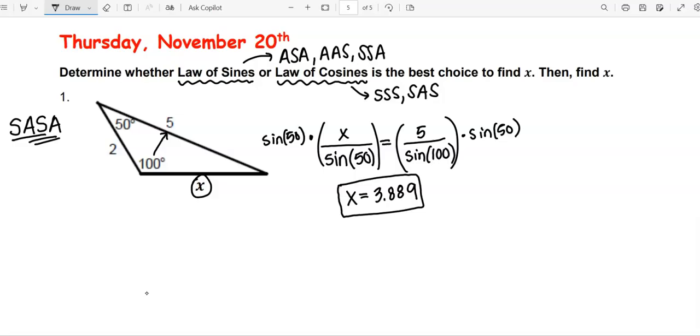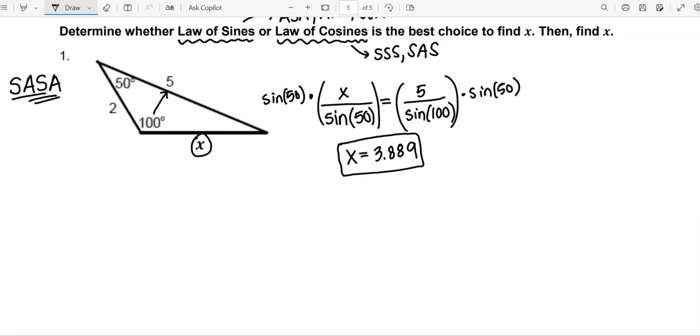And then moving on down, you could try this one with law of cosines if you want to try it. You know what the answer should be, so you can definitely try it. If you wanted to try it, you would start by labeling your angles. So maybe A, B, C, and then little a, little b, little c.